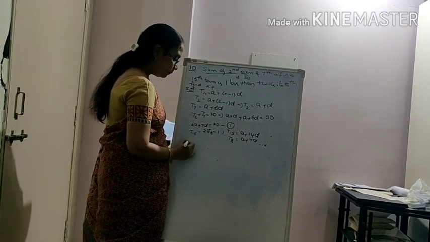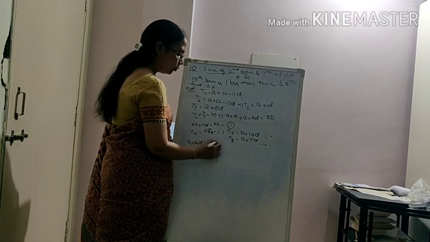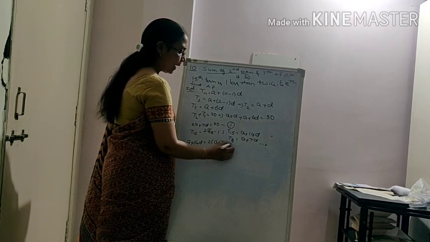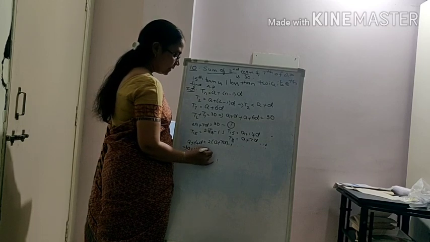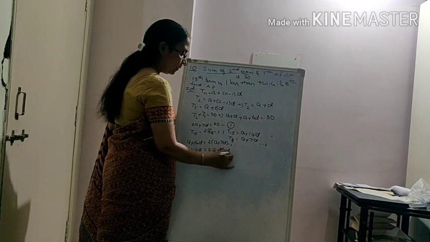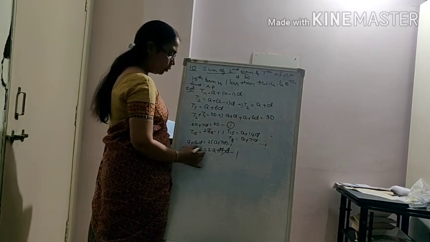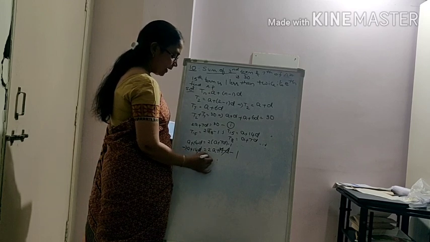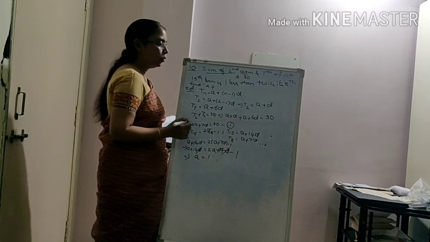Now A plus 14D is equal to 2 into A plus 7D minus 1. A plus 14D is equal to 2A plus 14D minus 1. 14D will cancel. 2A minus A is equal to 1. From this we got A is equal to 1.